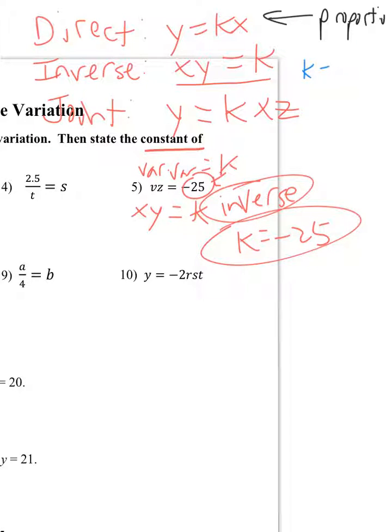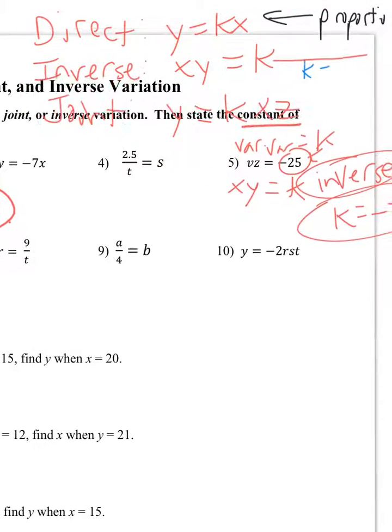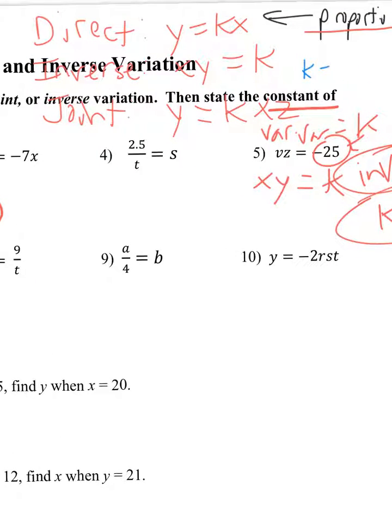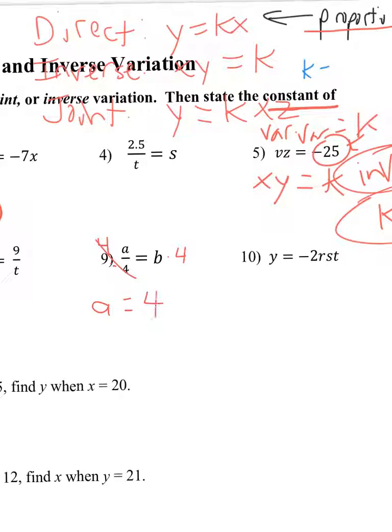Okay, then let's go down to number 9. If we go down to number 9, notice I have a over 4 equals b. And what I'm going to do is a little multiplying here. I'm going to multiply by 4 on both sides. So I really have a equals 4b. We're going to put the 4 in front.